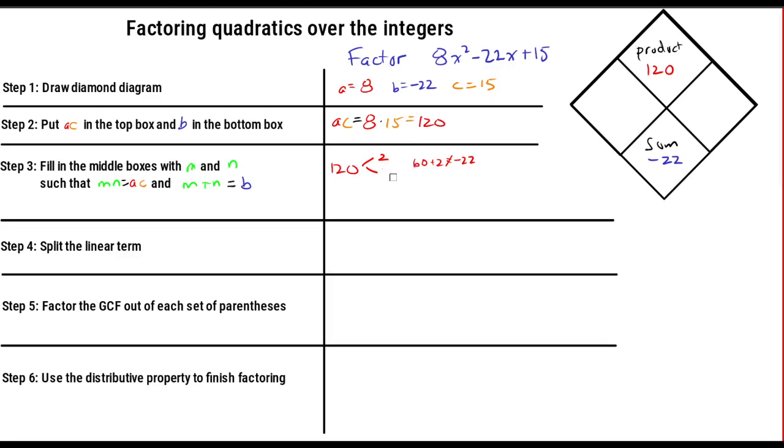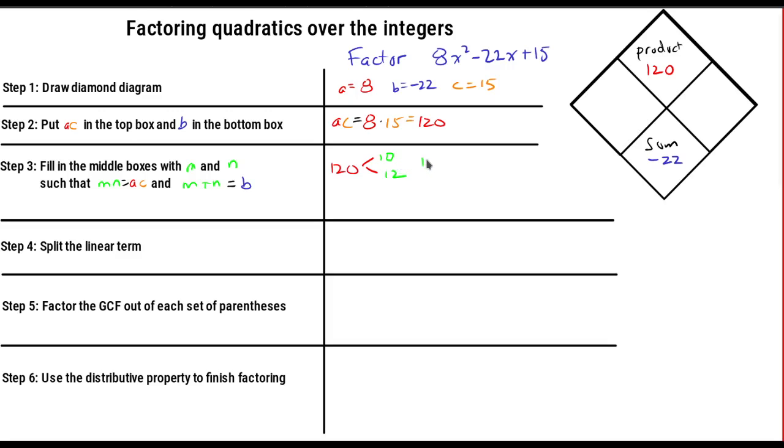But let's try a different factorization. 120 has a 0 in the ones place, so that means 10 is a factor. So let's see what happens with that 10. 120 divided by 10 leaves 12 as a quotient. So 10 times 12 is 120.